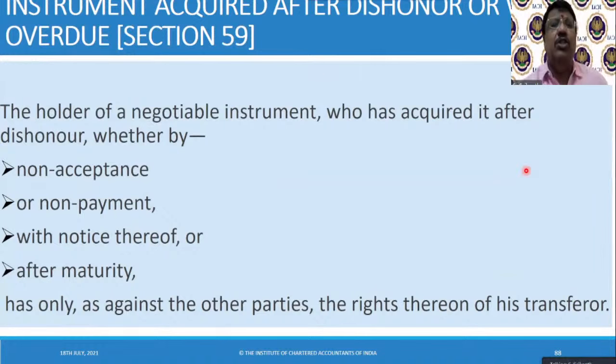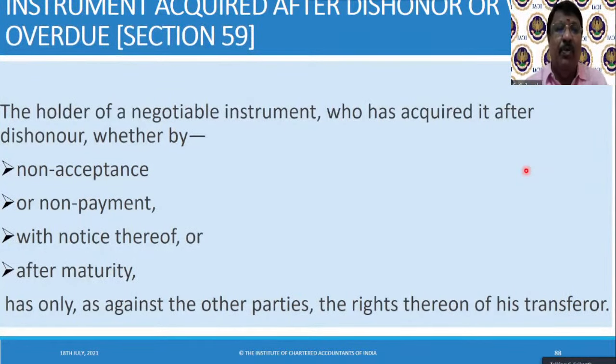The holder of a negotiable instrument who has acquired it after dishonor, by non-acceptance or non-payment, with notice, has only the rights of his transferor against the other parties. See, the bill is already matured, but you have no other go, you are accepting it. Then you can only have the same rights as your transferor.